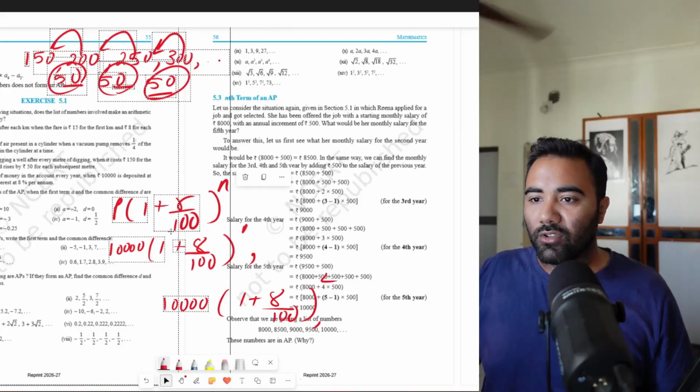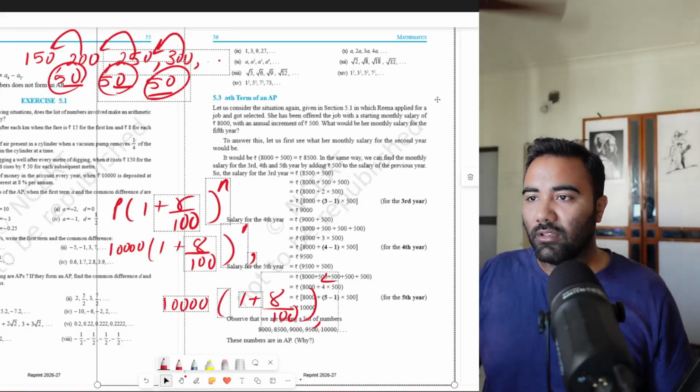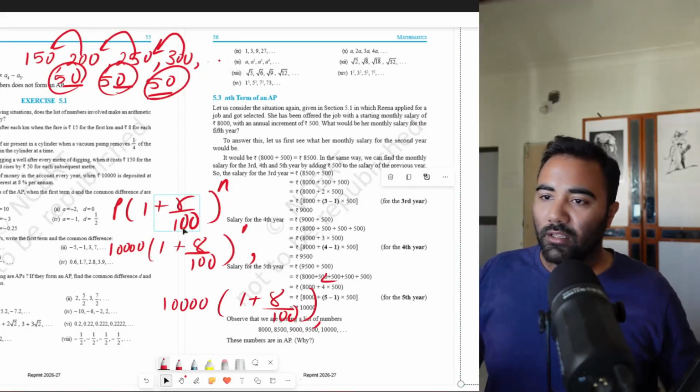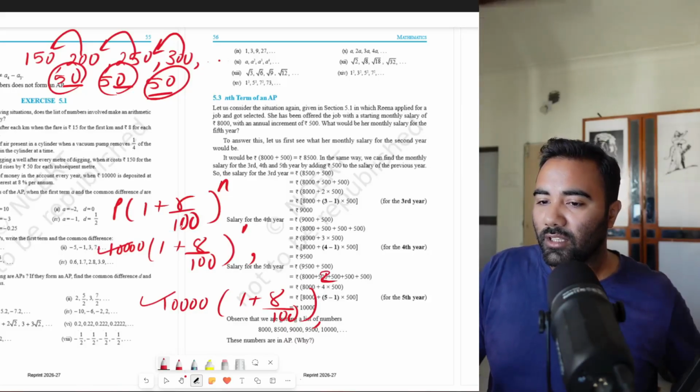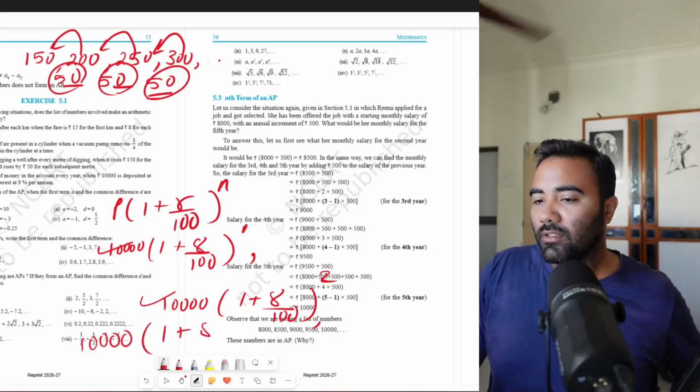This is the first term, this is the second term. So for the third term the power will be 3, that is 10,000 (1 + 8/100) cubed.